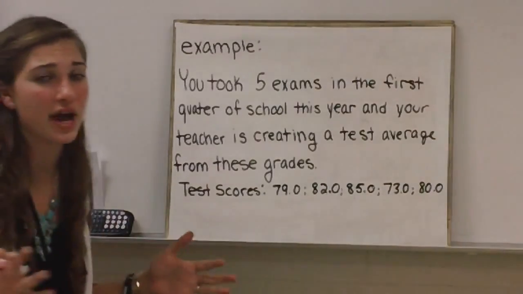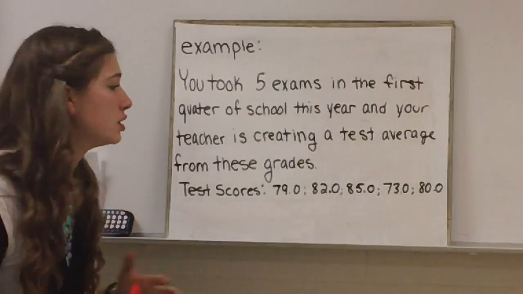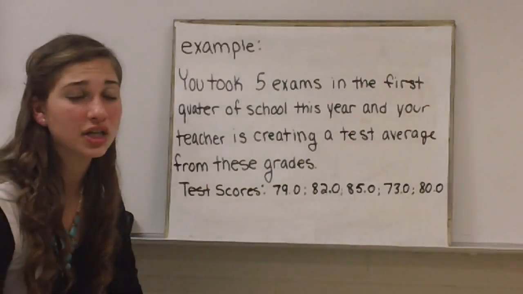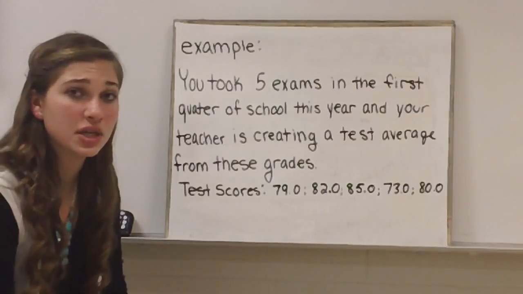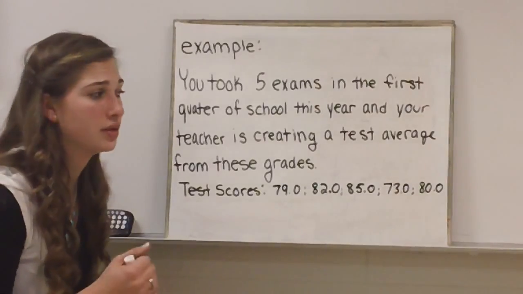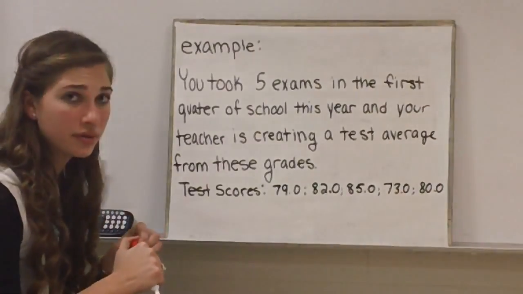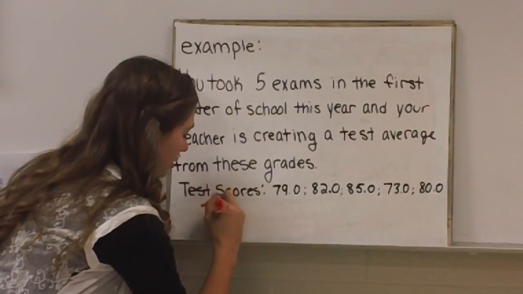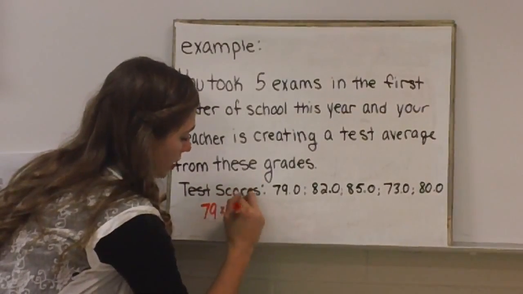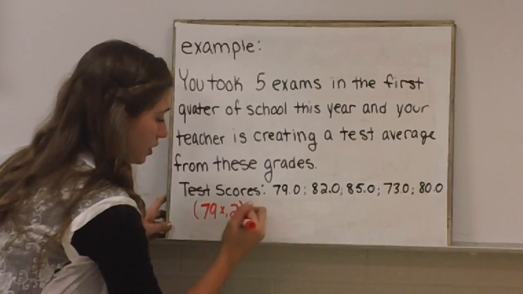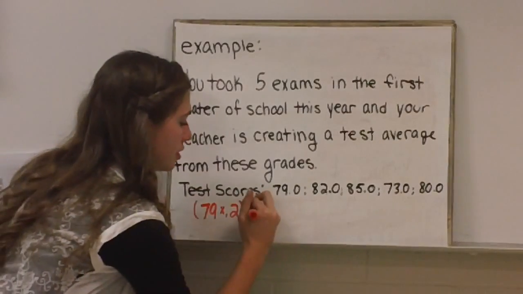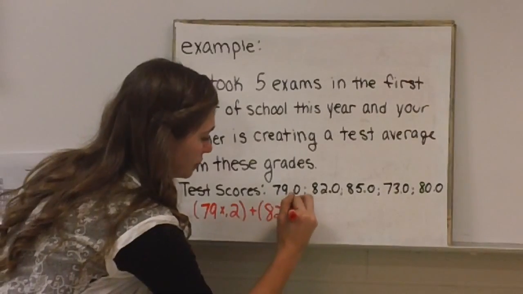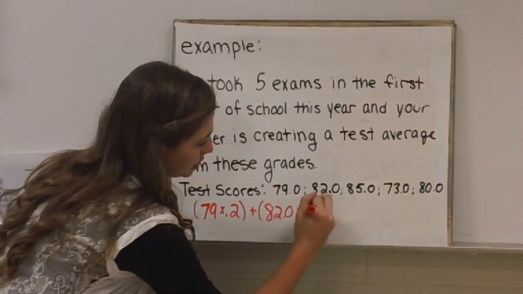We're going to do out of 100%. So you do 100 divided by 5 because you have 5 scores. That means they're each worth 20%, which in decimal form is 0.2. Another way you can do averages is 79 times 0.2, which is our 20% and our first test score, then add it to 82.0 times 0.2.